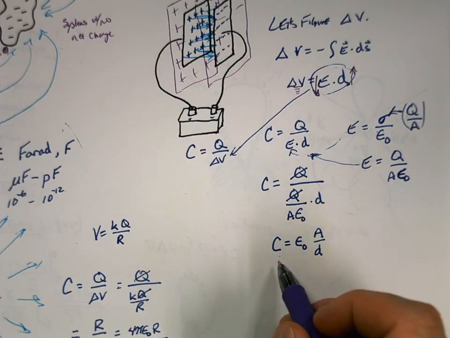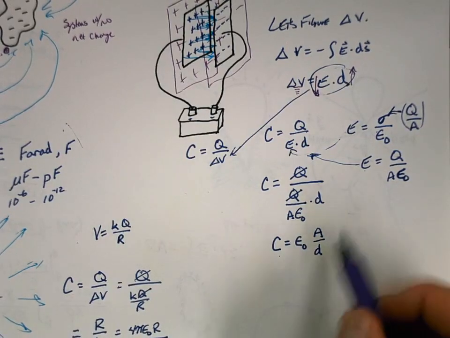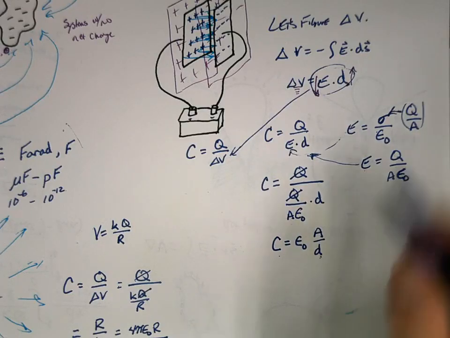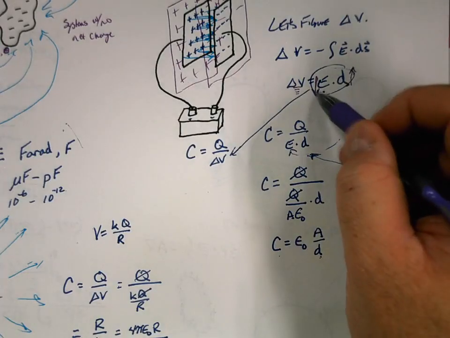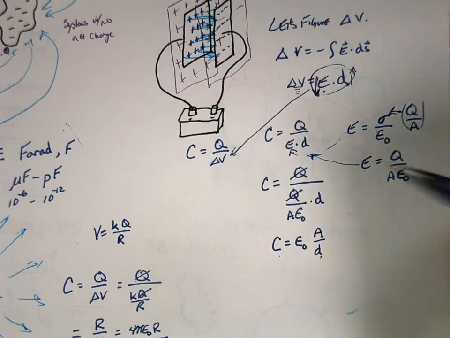Wait a minute. If D gets smaller, what happens to capacitance? That's what I said, yes. If D gets smaller, our field drops. Okay, but it divides here to make our capacitance bigger.